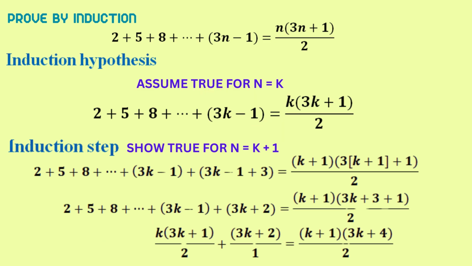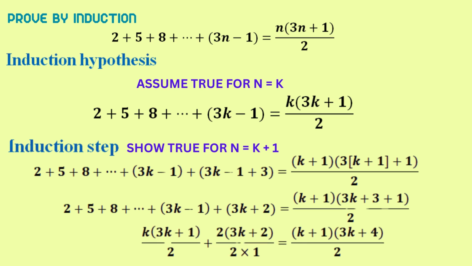The objective is now to prove that the left-hand side is equal to the right-hand side. For the terms on the left, let's put everything over a common denominator 2. We can rewrite 3k plus 2 as 3k plus 2 over 1, then multiply numerator and denominator by 2.